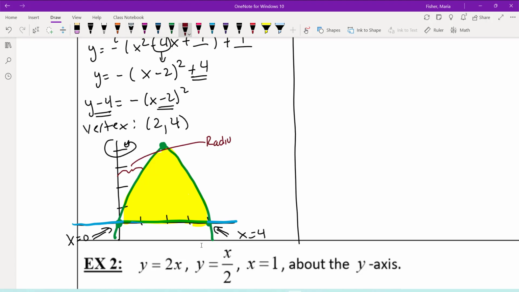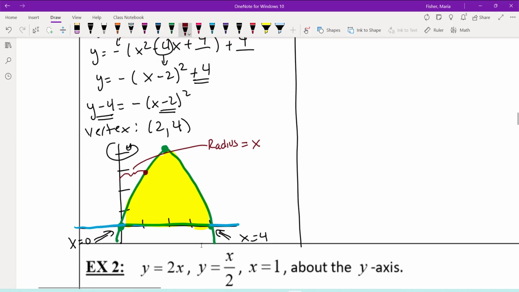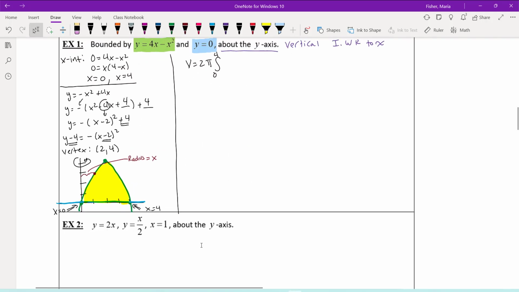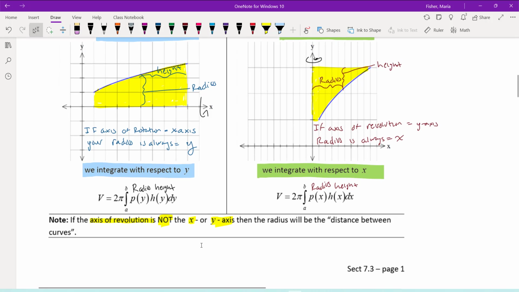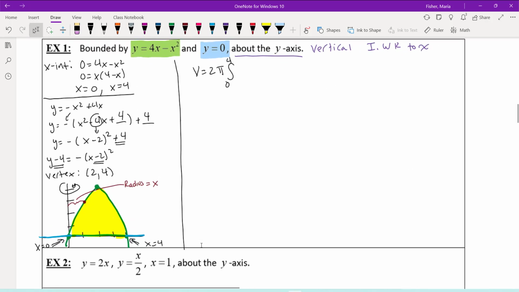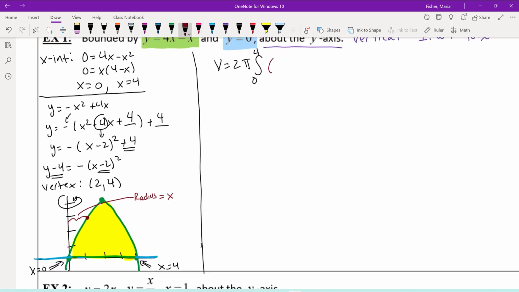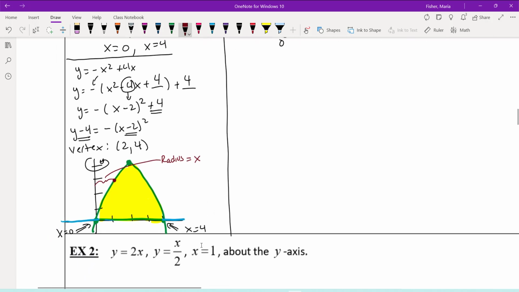Well, that radius is just an x movement because to get from the y-axis over to where I just drew that dot, I have to move x units. So the radius here is just going to be equal to x. Recall I said on the page before, if you're rotating about the y-axis, your radius is always just going to be x. So I know my radius. My radius is going to be x. Now I need my height.